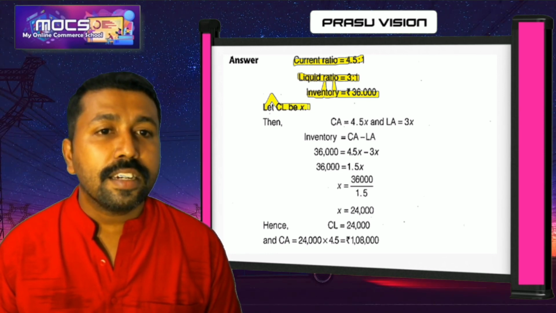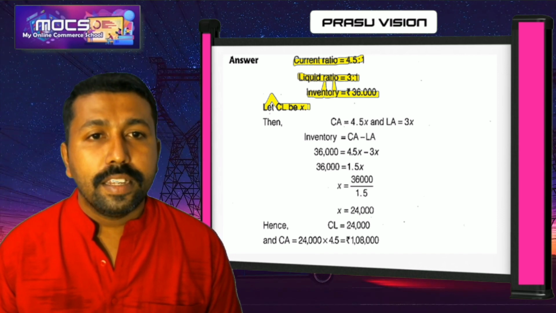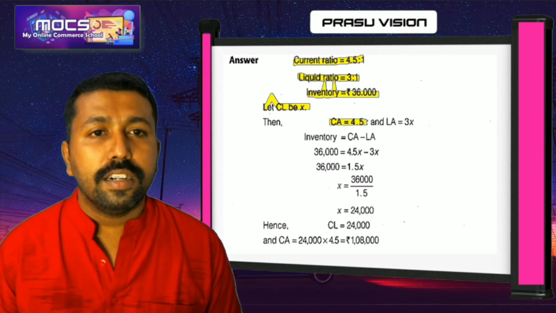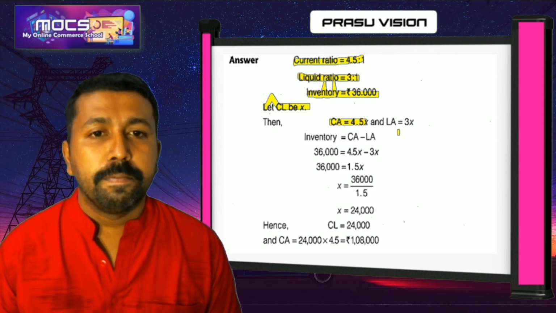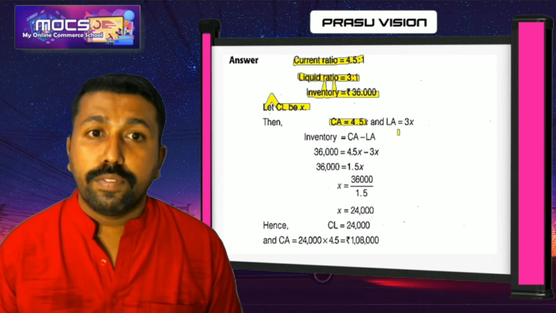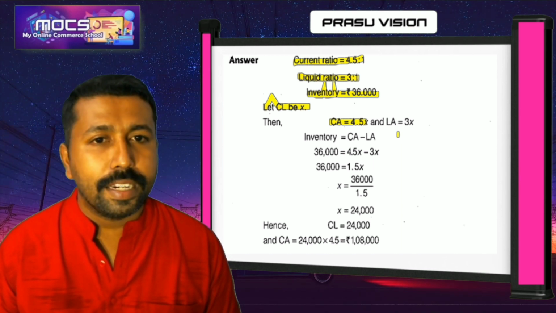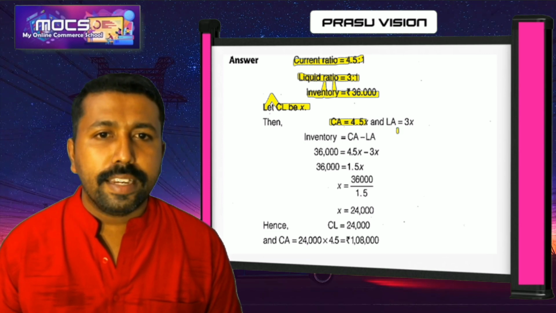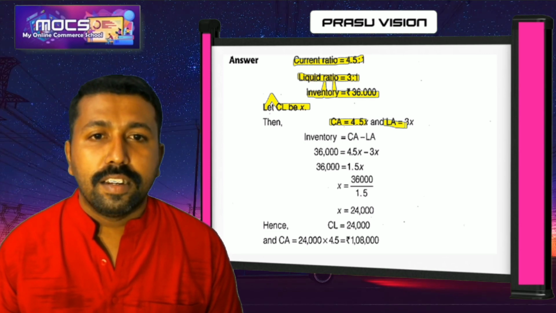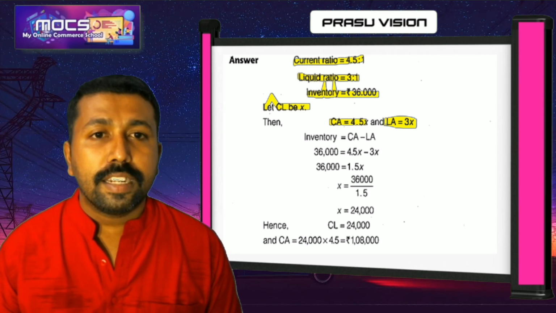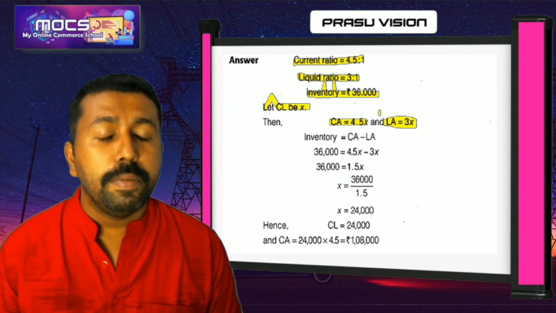We are considering current liability will be X. Then current asset is 4.5x, because 4.5 is the value of current asset and 1 is the value of current liability. And liquid asset is 3x, because liquid asset is 3 and the current liability is 1.